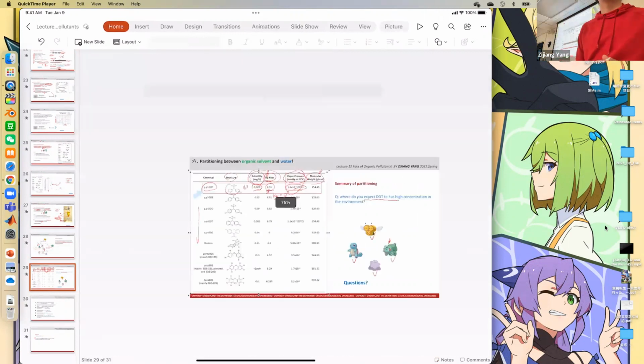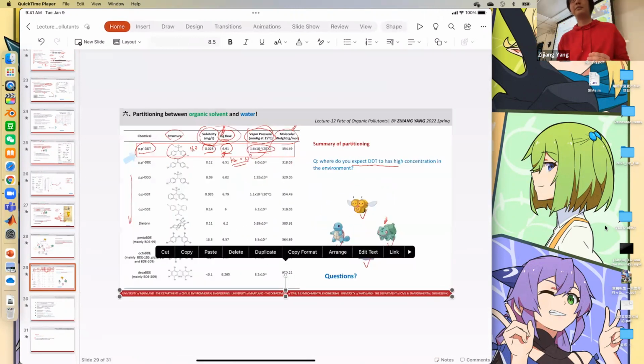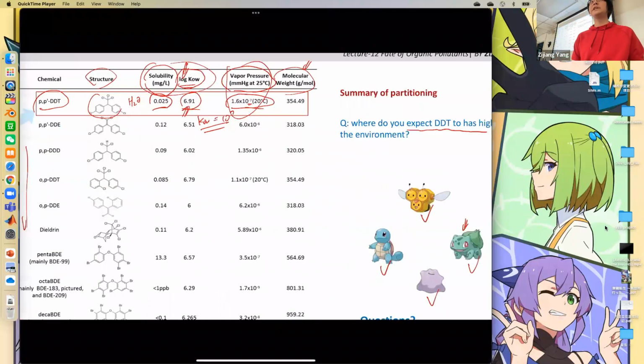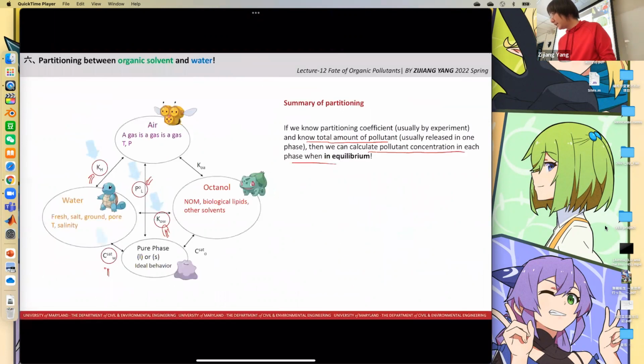So I know that we have the KOW value up there. Yes. And because that was greater than 1, we knew it was for the organic phase. Yes. And then how did we eliminate the gas phase, or how did we say it wasn't in the gas phase, or was that not an option?